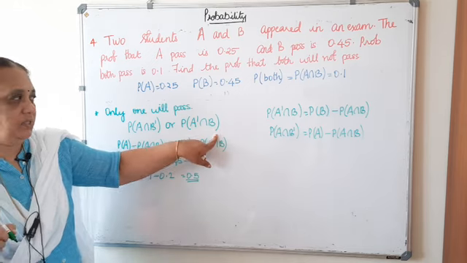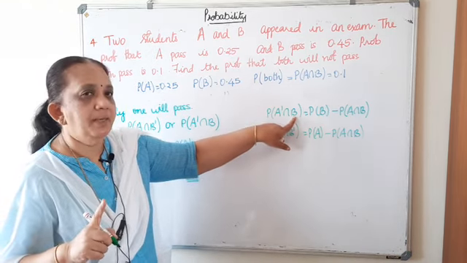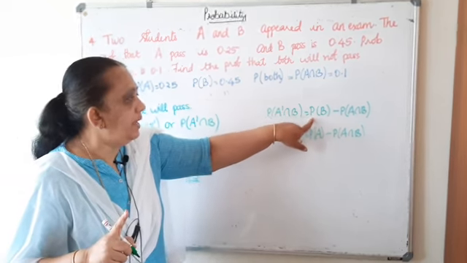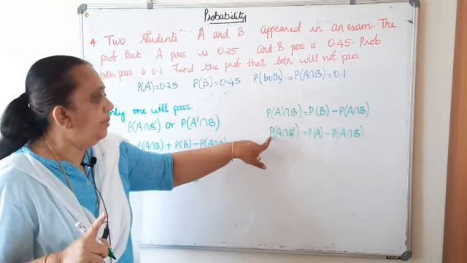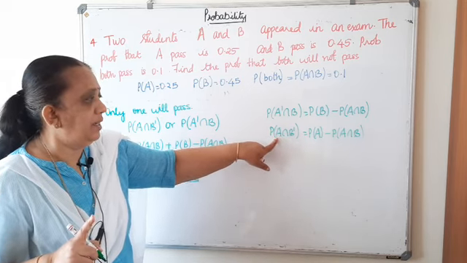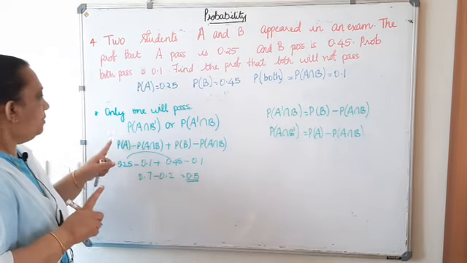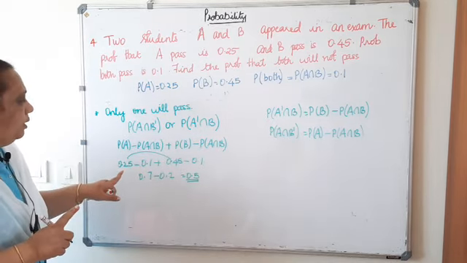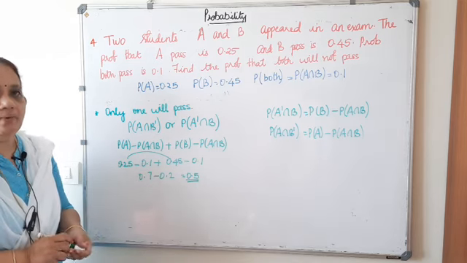And the rule is P of A complement intersection B is equal to P of B minus P of A intersection B. And P of A intersection B complement, here A will pass the examination, P of A minus P of A intersection B. Substituting the values and simplifying, you get the answer is equal to 0.5.